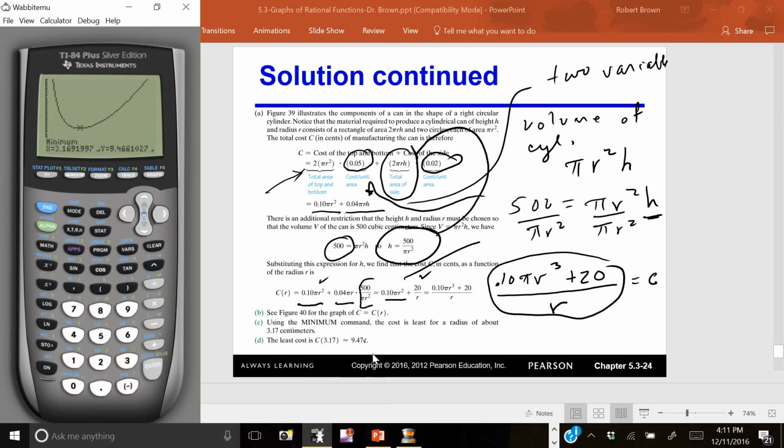So the least cost can would have a radius of 3.17 centimeters and have a minimum cost of 9.47 cents. Well, that's the end of this particular lesson. I would suggest you make sure you can make all these calculations, and we'll see you on the next video.